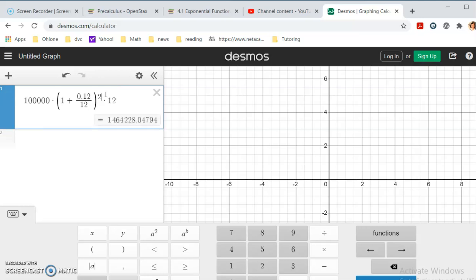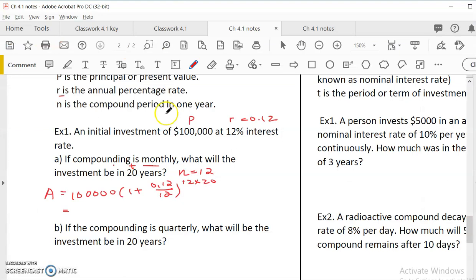I think I have to put parenthesis around it, 20 times 12 like that, so it's in the exponent. Okay, so it's 1,089,255.36.